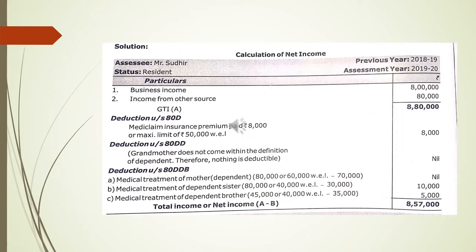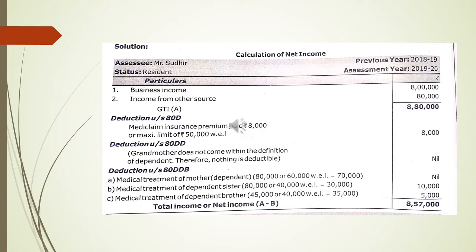In this question, the assessee, that is Sudhir, has provided the details for the previous year 2018-19 and we are supposed to calculate what is his total income for the assessment year 2019-20. His business income is 8 lakhs and income from other sources is 80,000. So gross total income becomes 8,80,000.